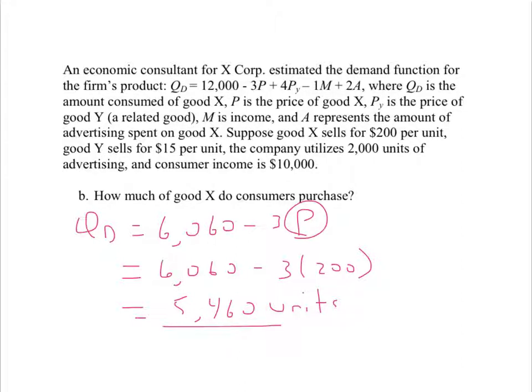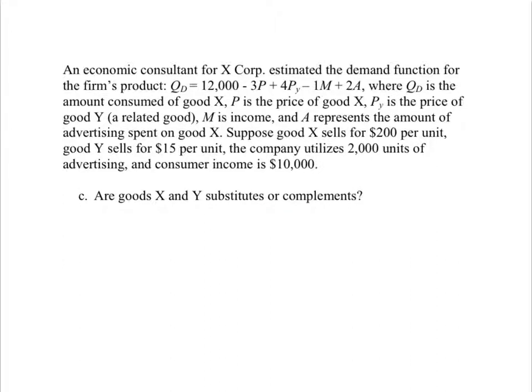Part C. Are goods X and Y substitutes or complements? Remember, this is the general demand equation for good X. And here we have the price of good X in the equation.